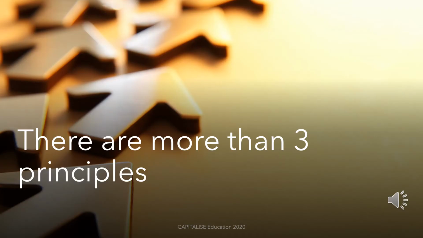The next big idea underpinning the Universal Design for Learning framework is that there are more than simply 3 principles of universal design. In other words, there is more to the framework than simply engaging kids in the learning process in multiple ways, teachers representing information to students in multiple ways, and teachers allowing students to demonstrate their knowledge and understanding in multiple ways.